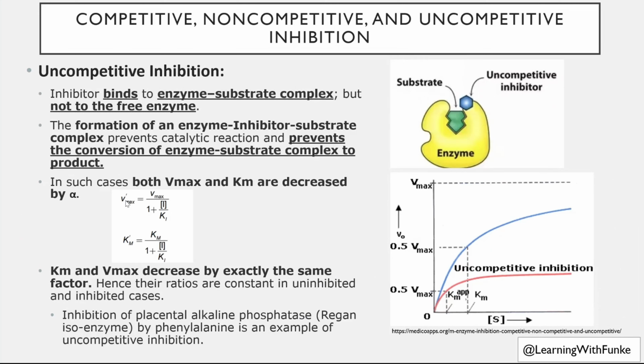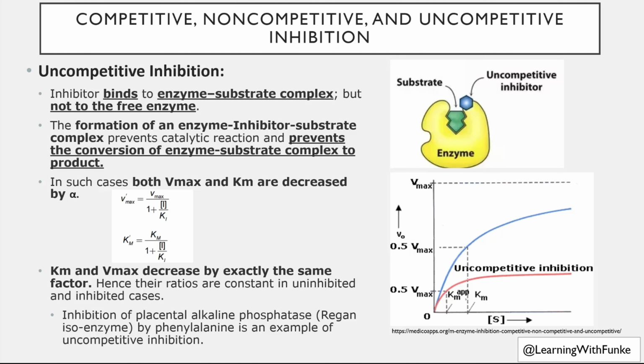Okay, and now for the last mode of inhibition, uncompetitive inhibition. This is another different mode of inhibition in the sense that the inhibitor binds to the ES complex. So the substrate has to first bind to the enzyme, and then the uncompetitive inhibitor binds to the ES complex, right? It doesn't bind to the free enzyme.